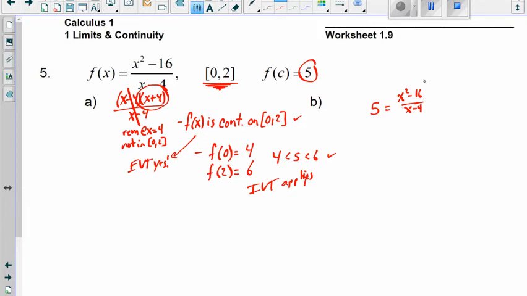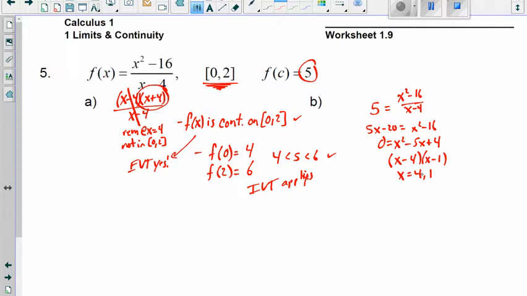Multiply, combine like terms, you're going to get a quadratic. It'll be like 5x minus 20 equals x squared minus 16. That is x squared minus 5x plus 4. That factors x minus 4, x minus 1. So the x values we can consider are 4 and 1.